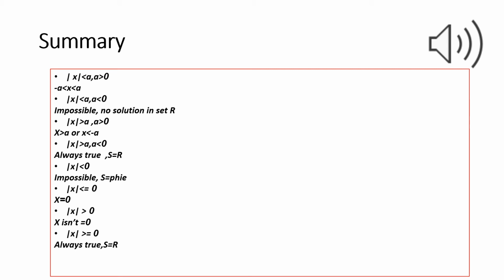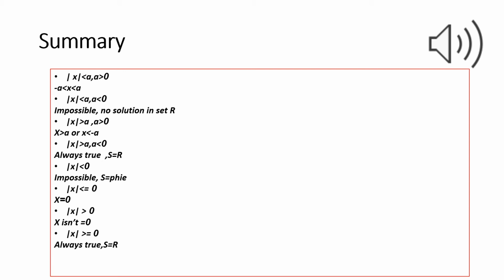The second inequality, absolute x less than 3, looks like absolute x less than a where a is positive. So the first one is not bounded, the second one is bounded. The first one has two roots: x greater than 1 or x less than minus 1. The second one is bounded between minus 3 and 3.